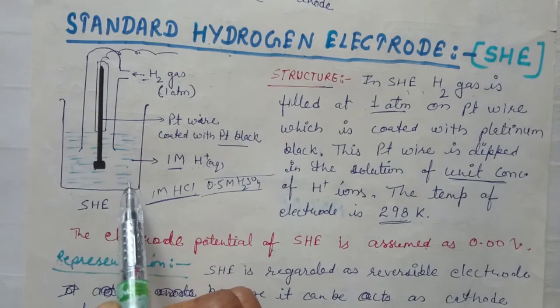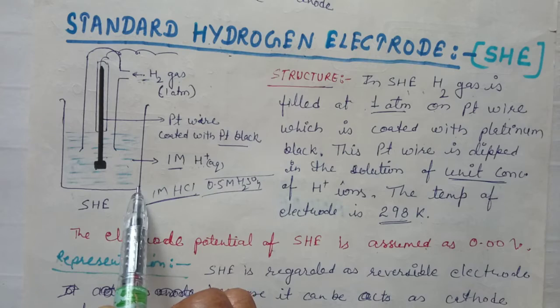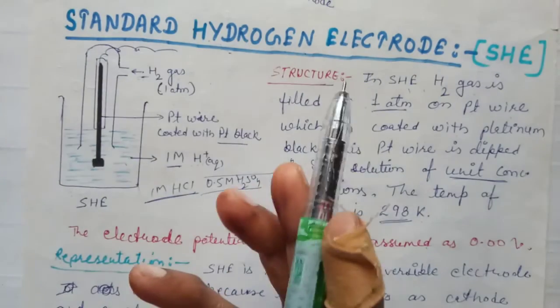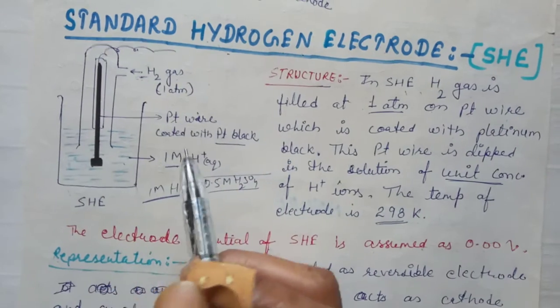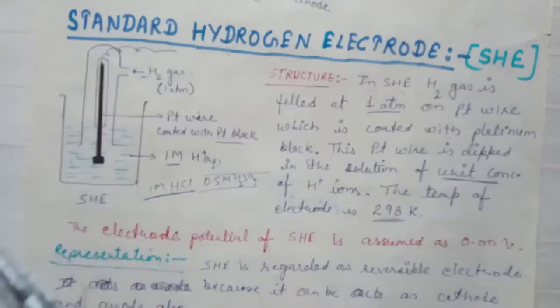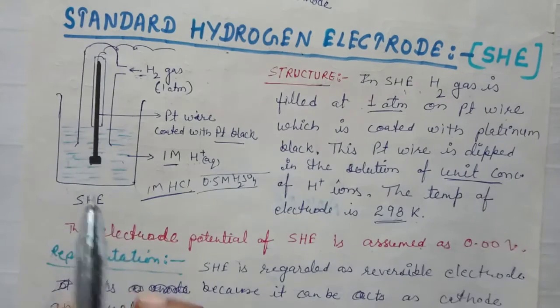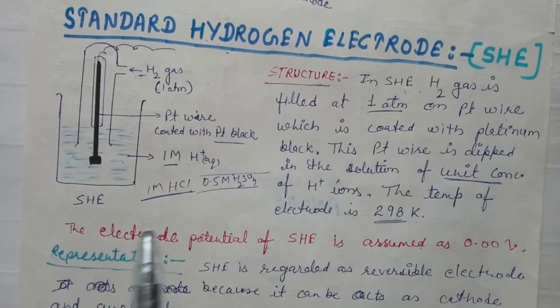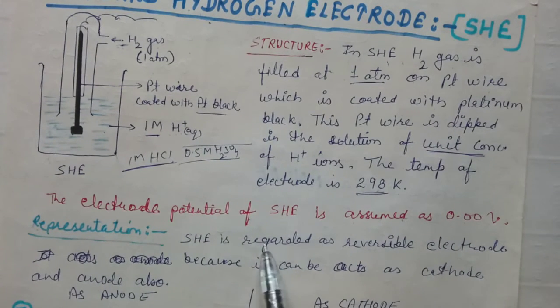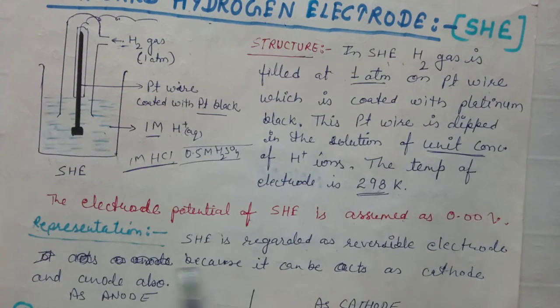I told you that SHE is used as a reference electrode to determine the electrode potential of unknown electrodes. For this purpose, SHE can act as anode as well as cathode. So it is also known as a reversible electrode, because it can act as cathode as well as anode.